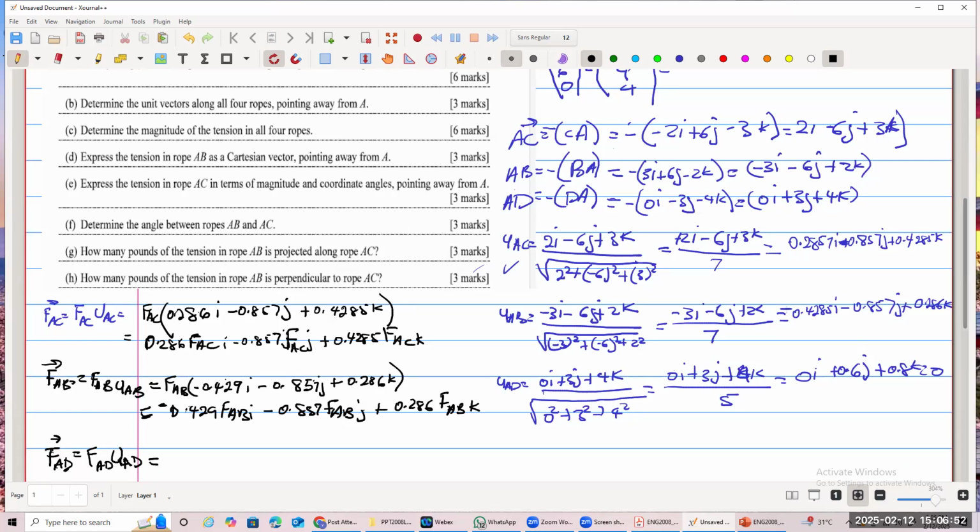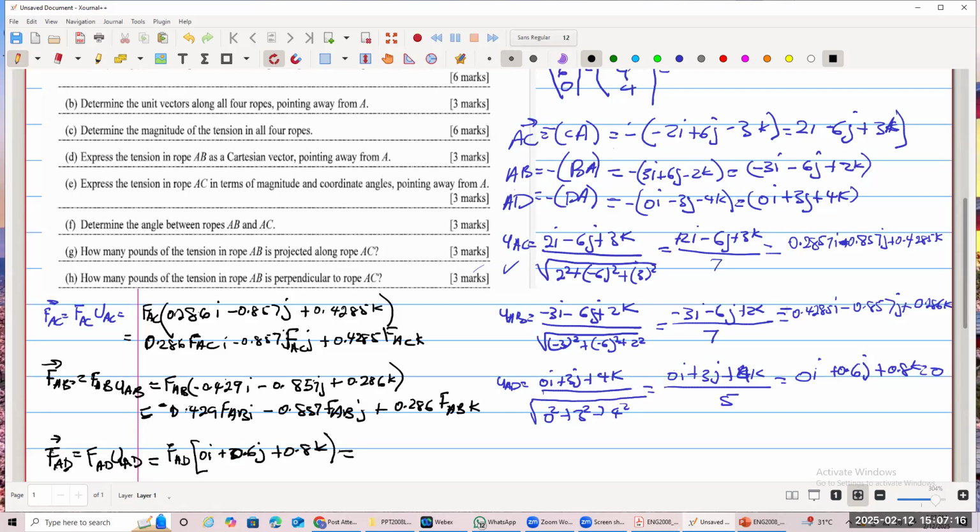This one is pretty straightforward. It is FAD, and you put the unit vector 0 I plus 0.6 J plus 0.8 K. All right, and you expand that.